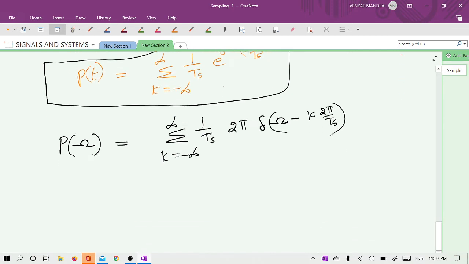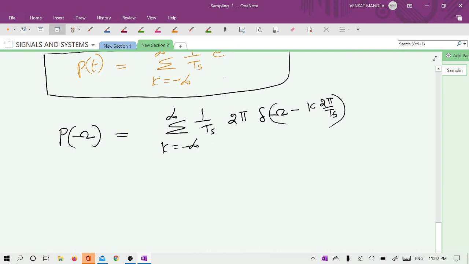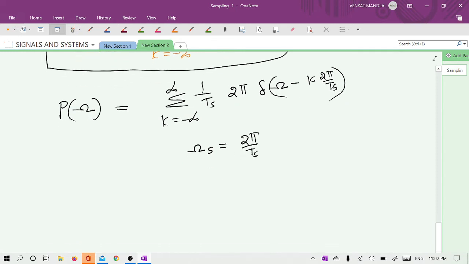Let us say this 2 pi by Ts is omega s. This is called the sampling frequency, and Ts is called the sampling period.